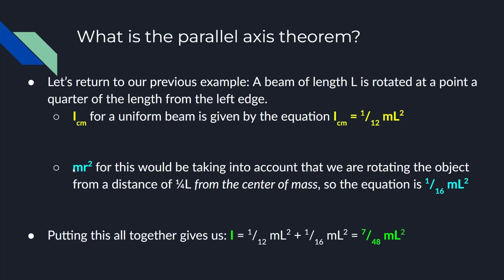So let's go back to our previous example where we had the beam of length L being rotated at a quarter of the length L from the left edge. Well, for a uniform beam, you would most likely be given that the equation for around the center of mass is 1/12 ml squared. So we already know what ICM is, easy enough. What do I do for mr squared? Well, I know what the mass is, it's m. The question doesn't explicitly say it, but again, this is just a sample problem.